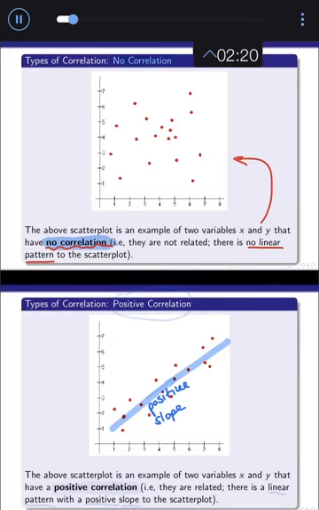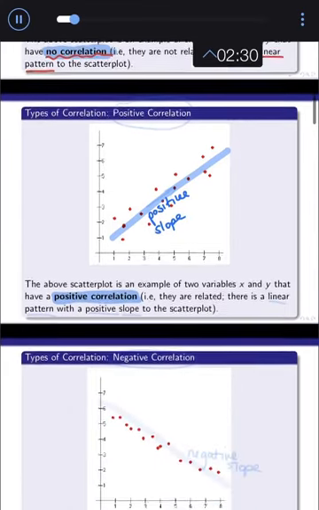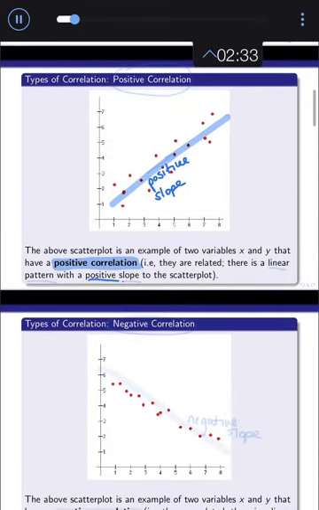So that's why we say that this graph has a positive correlation: it has a positive slope. It is headed in the upward direction as you read the graph from left to right. So this is what's considered a positive correlation, because the linear pattern has a positive slope.